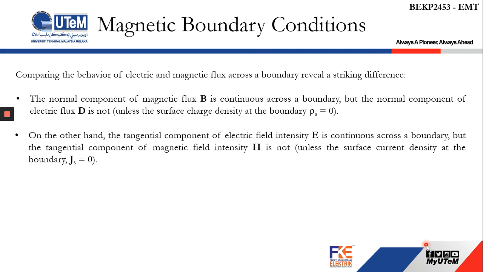On the other hand, the opposite happens for the tangential component. The tangential component of electric field intensity is continuous across a boundary, but the tangential component of magnetic field intensity H is not, unless the surface current density Js is equal to 0.